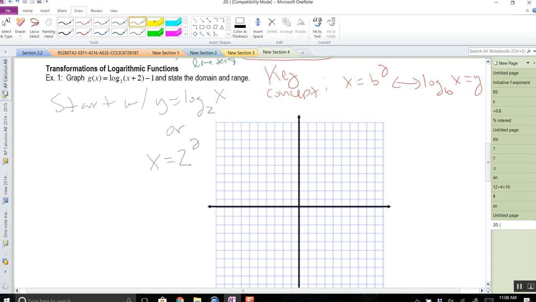Hopefully you see what we're doing. It's basically taking the 2 and the y. You simply switch things around. The 2 gets raised to the y power equals x. Or if you have x equals 2 to the y, you can just move things around and get y equals log base 2x. So it's basically a movement thing.